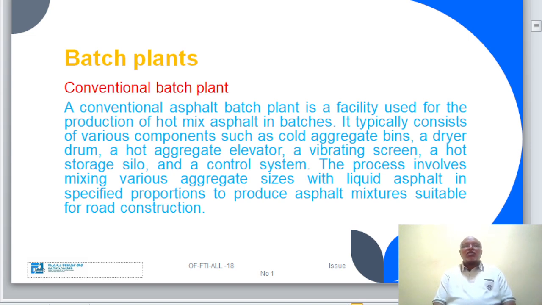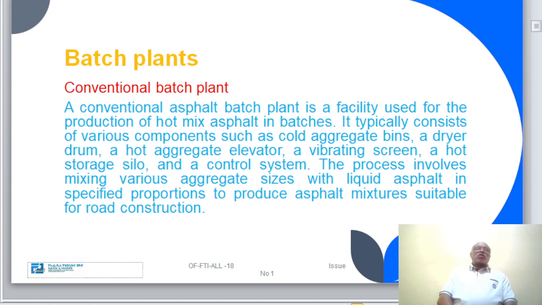The hot aggregates are transported by a bucket elevator into the screening or separation unit, where they are stored temporarily in hot bins. Separation is carried out by a specified series of sieves.